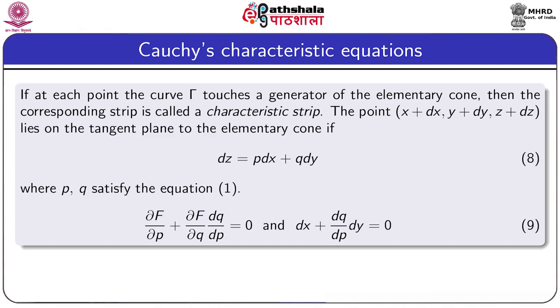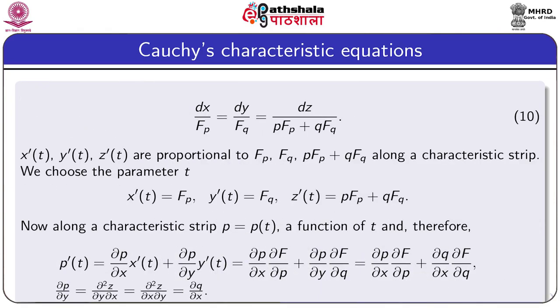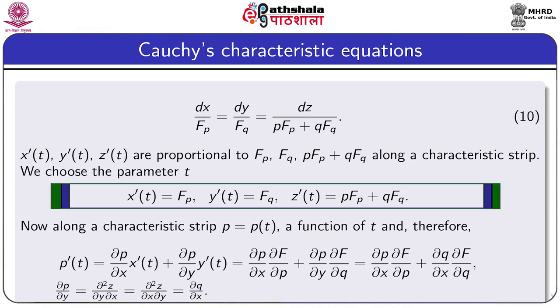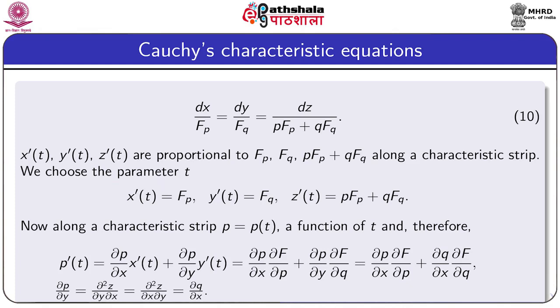Now, equations 8 and 9 are compatible. So, from 8 and 9 we can derive that dx, dy and dz are proportional to F_p, F_q and pF_p plus qF_q respectively along the characteristic strip. Now, we choose the parameter t in such a way that x'(t) equals F_p, y'(t) equals F_q and z'(t) equals pF_p plus qF_q.